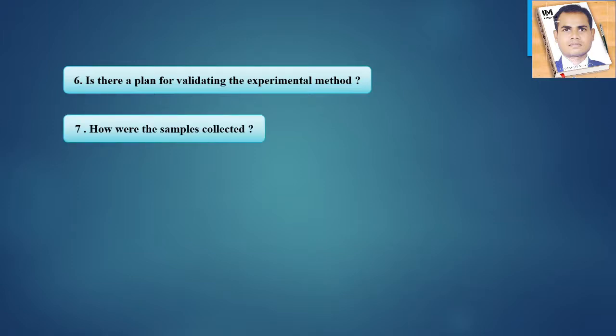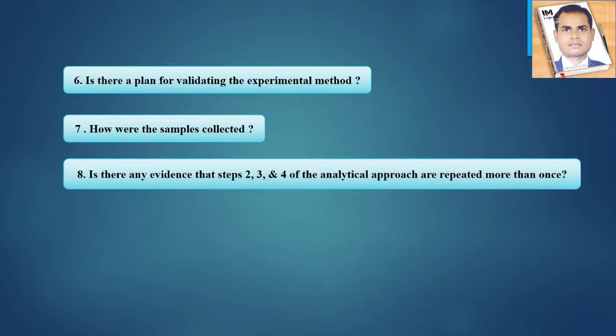Okay, how was the sample collected? If you want to analyze the sample, okay, before the analysis that sample should be good. Okay, that sample should be taken from different places. Okay, so in this way we have to take this question. And is there any evidence that steps 2, 3, 4 of the analytical approach are repeated more than once?